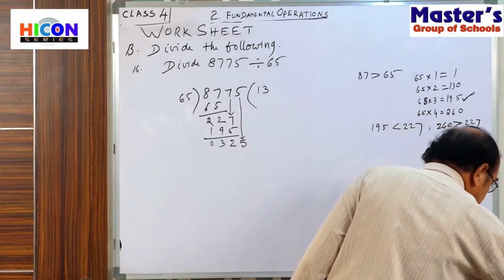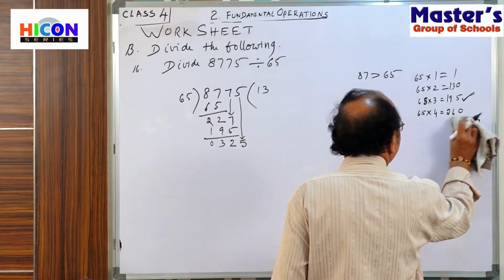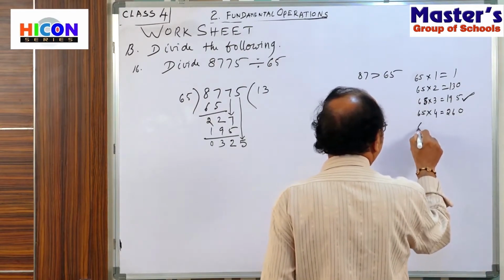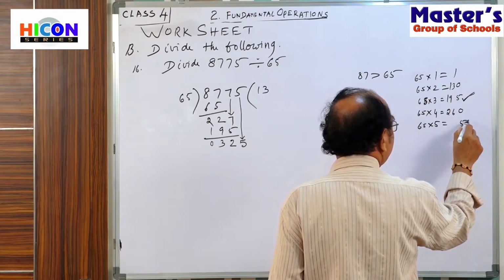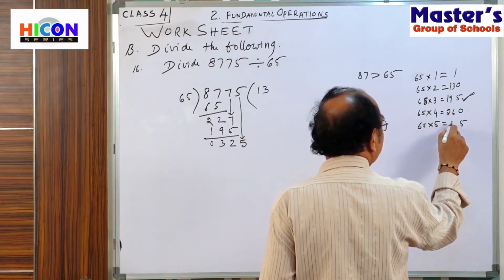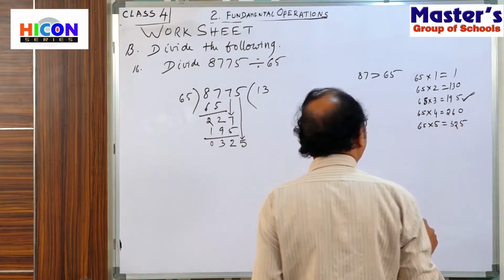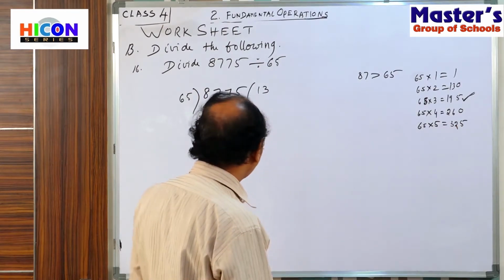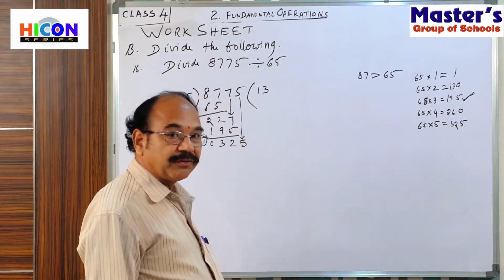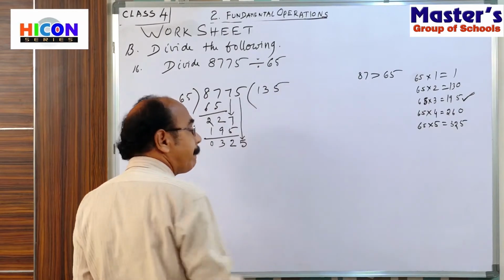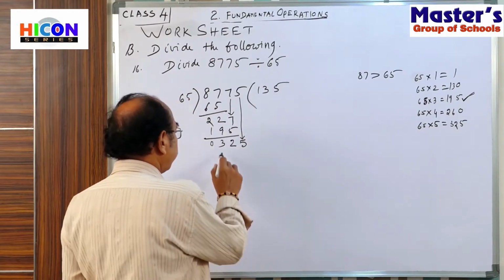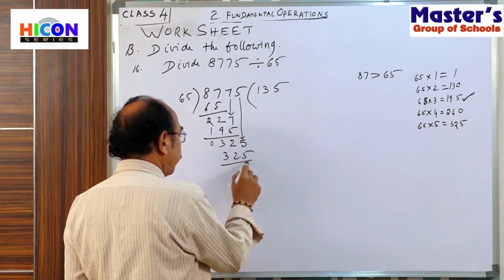So if you continue the table, then what we write here? 65 into 5, how much? 5 5s are 25. 2 is there. 6 5s are 30 plus 2, 325. Exactly 5 times. 65 5s are 325. Remainder is 0 here.